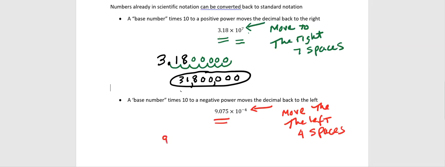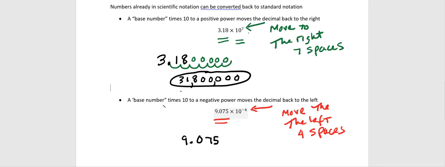So I can write that. I'm going to change up my color. 9.075. Let's try that again. 9.075, not 9.75. That would throw everything off. 9.075. And now my decimal, that's my base number.